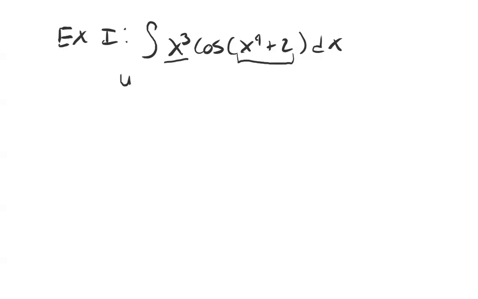So for this one, we're going to try letting U equal x to the fourth plus 2. And when I find the differential du, this is going to be 4x cubed dx. Not everybody does this, some people try and group together the x cubed and the dx, but I'm going to solve this one for dx.